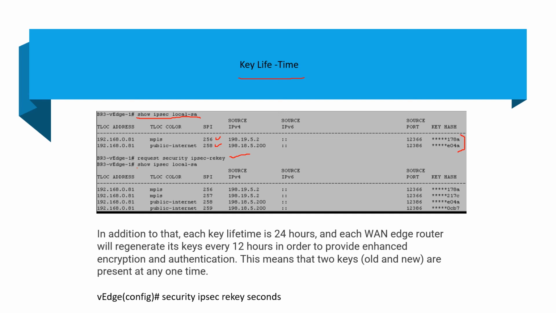Now if I issue the same command again, show ipsec local-sa, I can see two more indexes got generated. 256, 258 I already had. Now there's an increment of 1. So my MPLS key, the next key, is 257 and the public internet is 259. So I can see a total of 4 keys and they will coexist until the timeout happens.